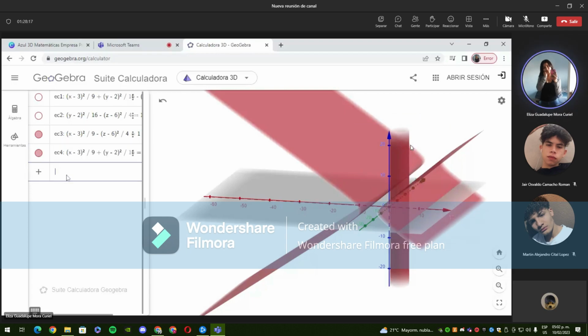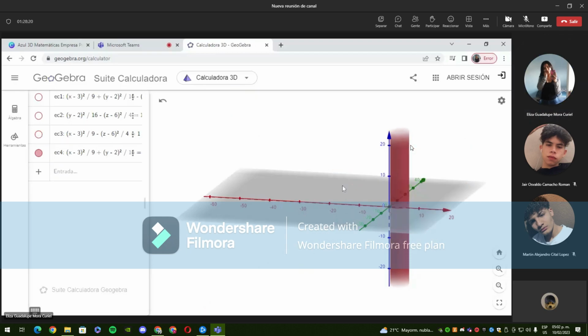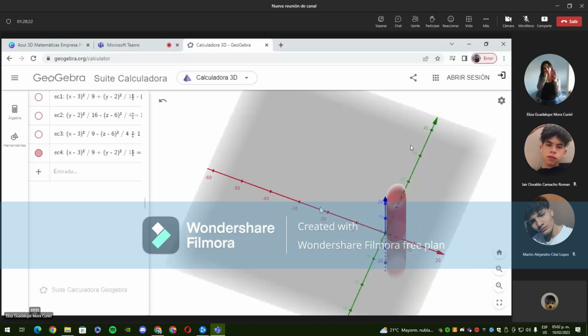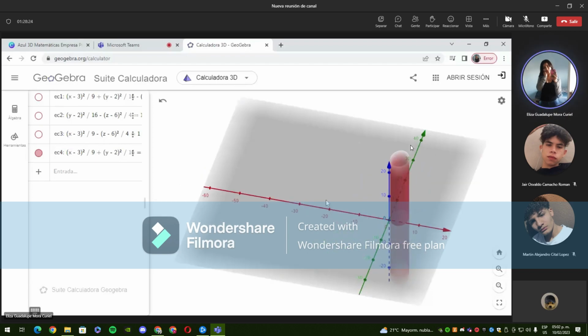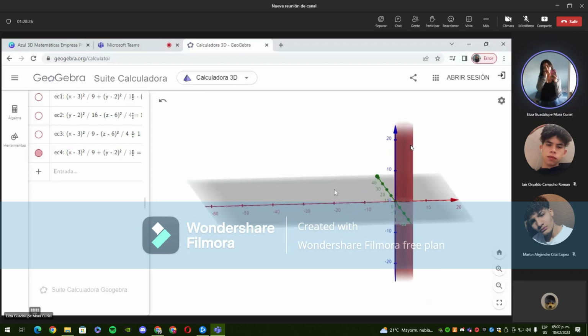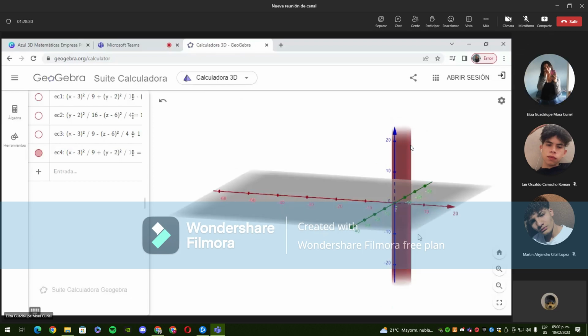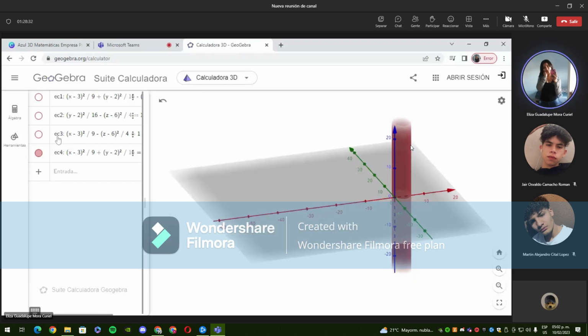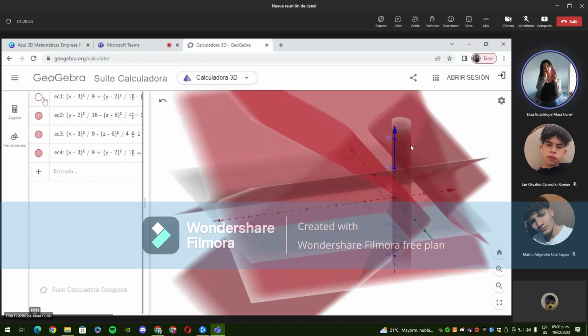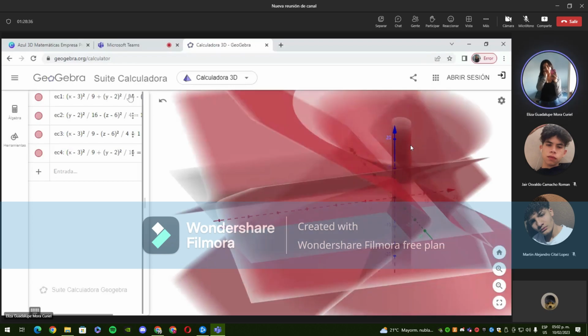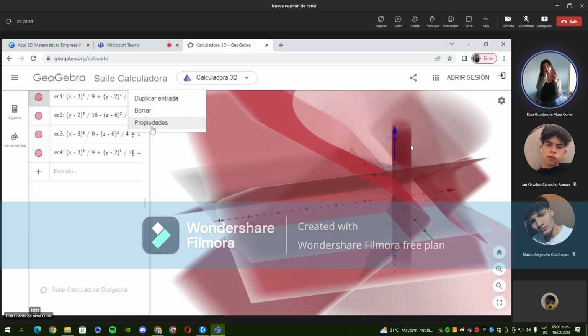In this case, we have an ellipse that extends on the z axis. And these three shapes form our hyperboloid.